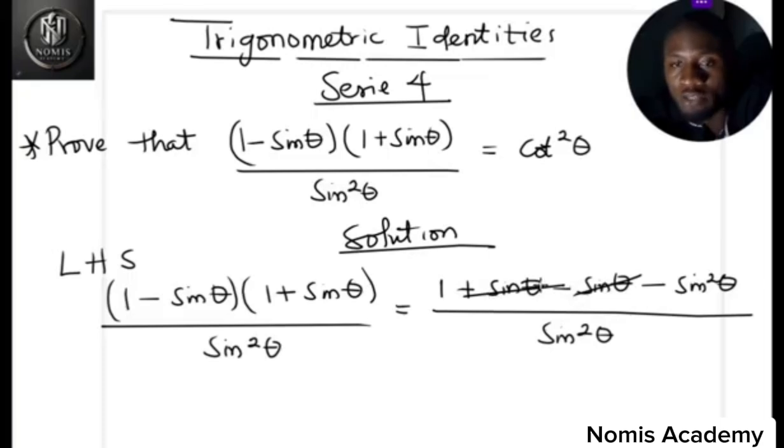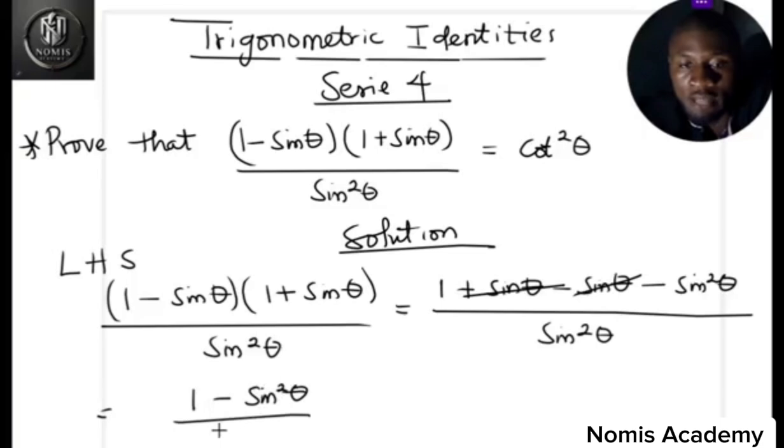So plus sine theta minus sine theta is 0. I'll have what's left: 1 minus sine squared theta divided by sine squared theta.